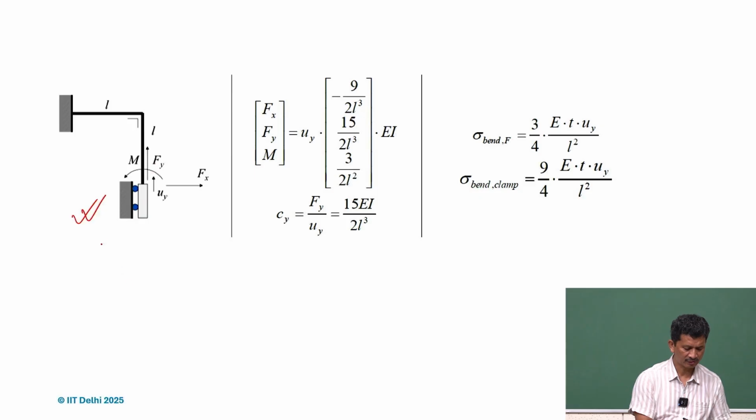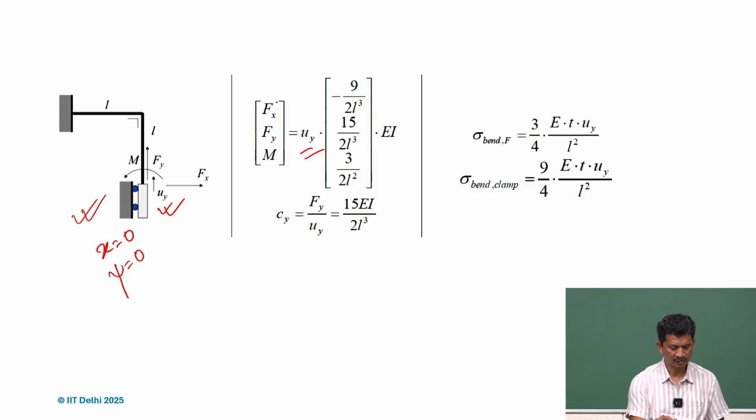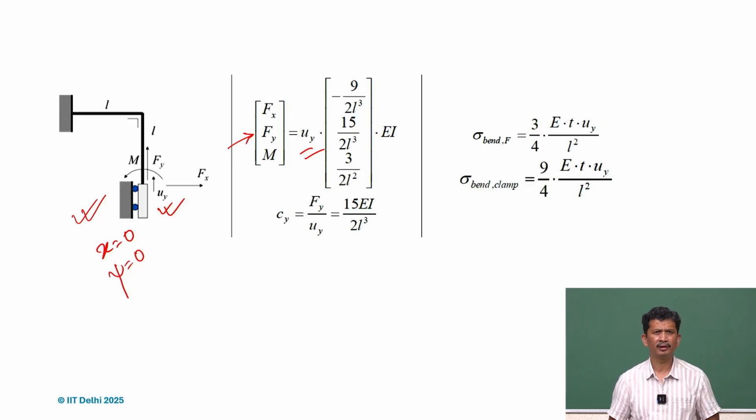In this case, x is 0, and this is also 0, and the only displacement we have is uy, and again we have one actuation, which will be Fy in this case, and Fx and M will be the reaction forces and moments.